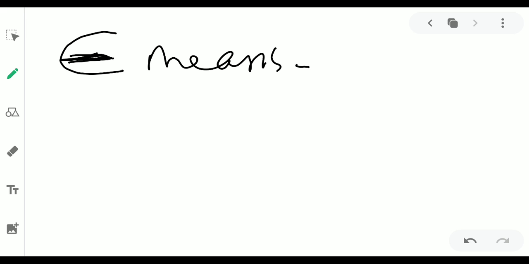Once you understand the concept of how a set is written, we can move on to look at some more symbols. This symbol, like an E, means member of.